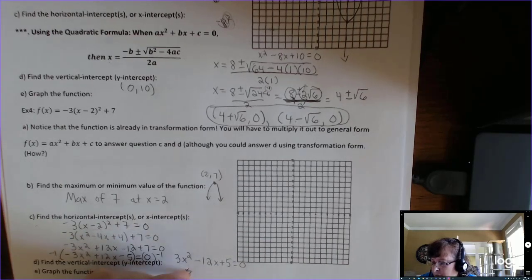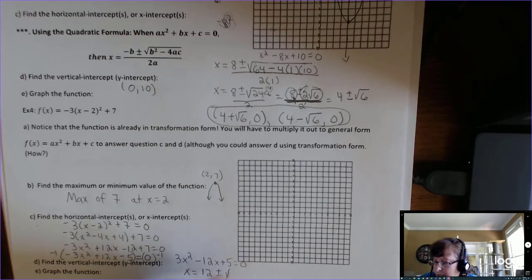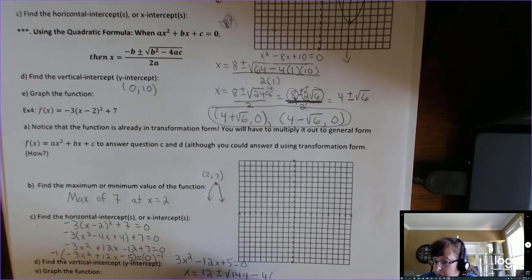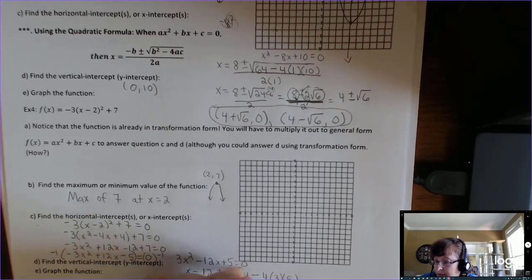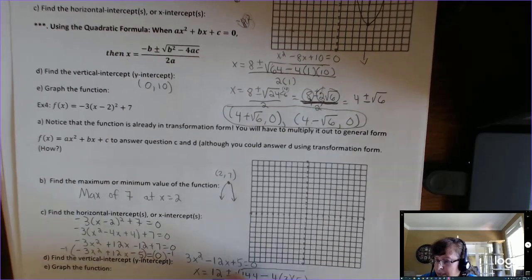So then I can use the quadratic formula. Negative b, 12, plus or minus the square root of b squared, which would be positive 144, minus 4 times 3 times 5, all of that over 2 times 3.